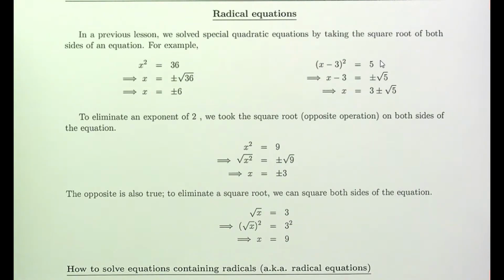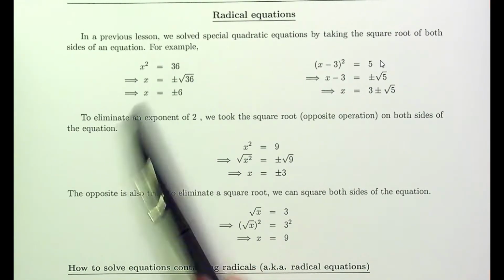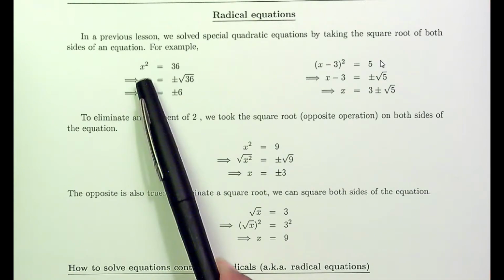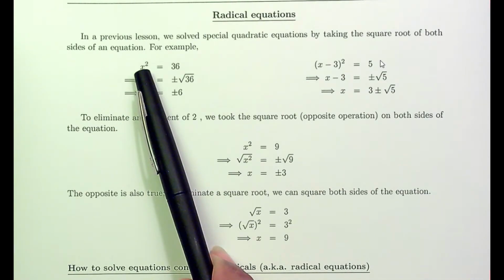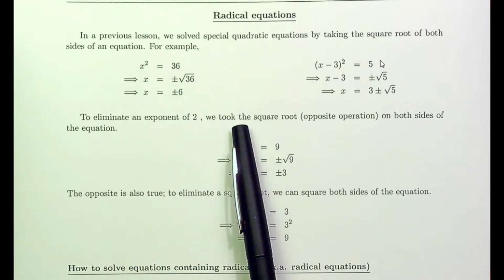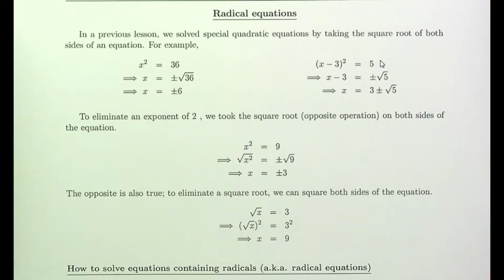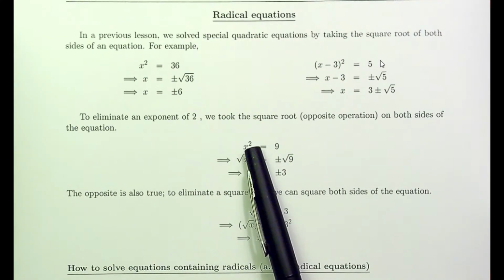To put this in other words, what is happening is that to eliminate a square exponent, or an exponent of 2, we took square roots, because squaring and taking square roots are opposite operations, so they cancel each other out.